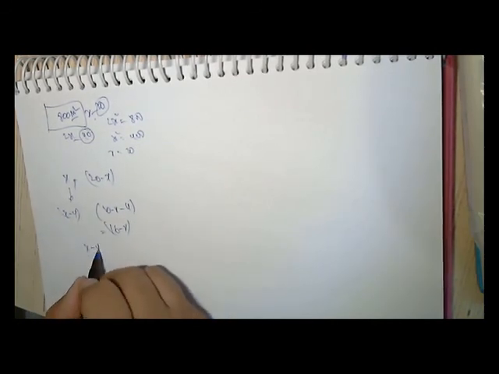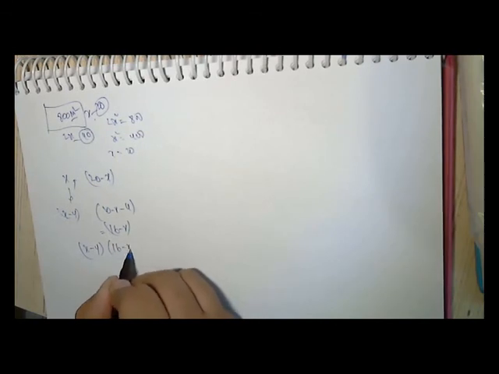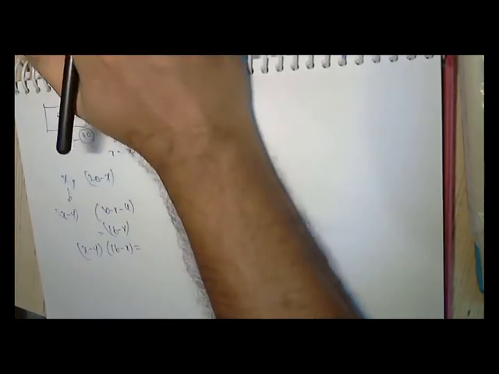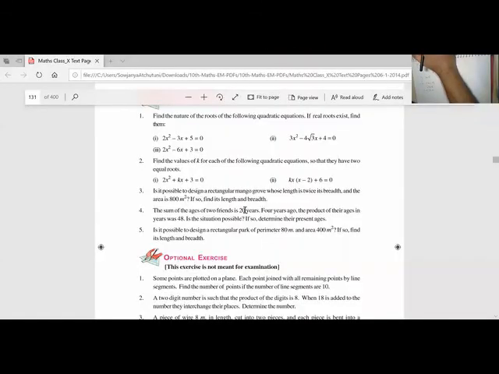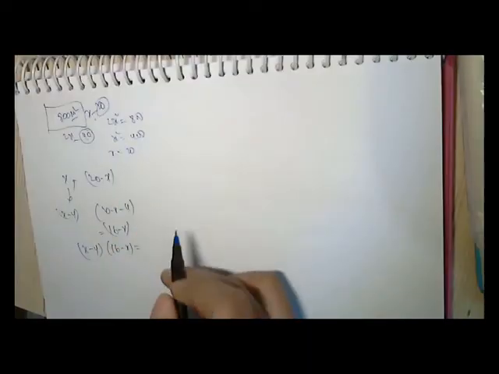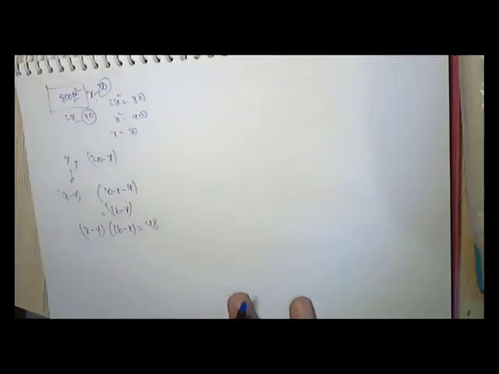What is the product? x minus 4 into 16 minus x is equal to, what is the product of the ages he has given? Product of the ages is 48. It is given. So we have to solve this.